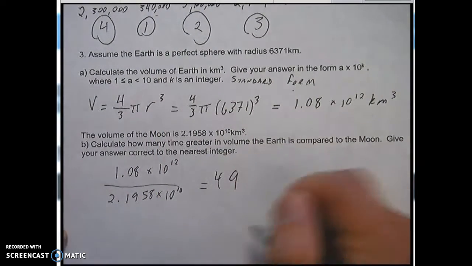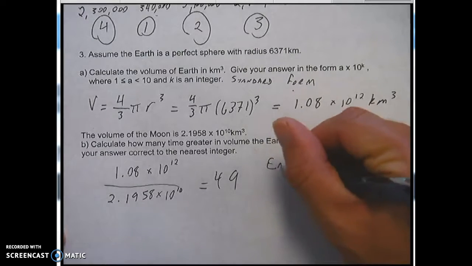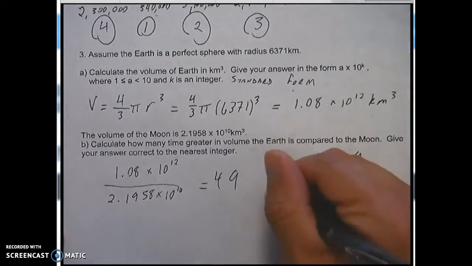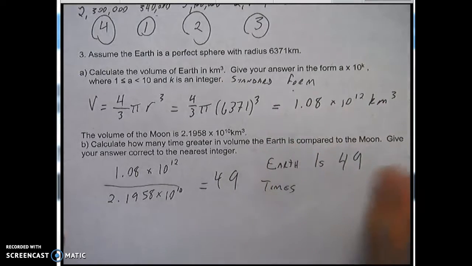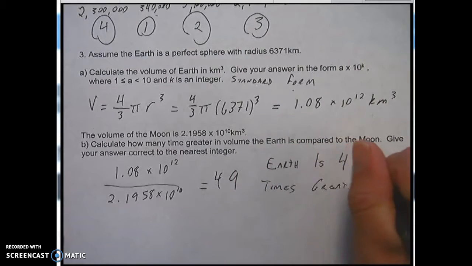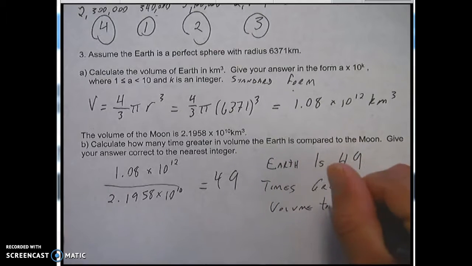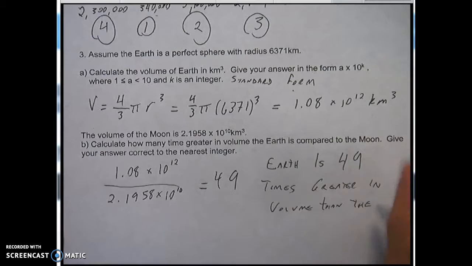So I can say that the Earth is 49 times greater in volume than the Moon. In other words, we could fit 49 moons inside of the Earth.